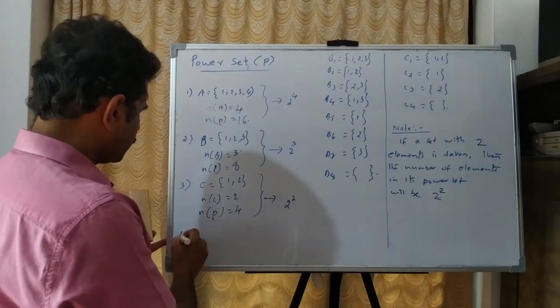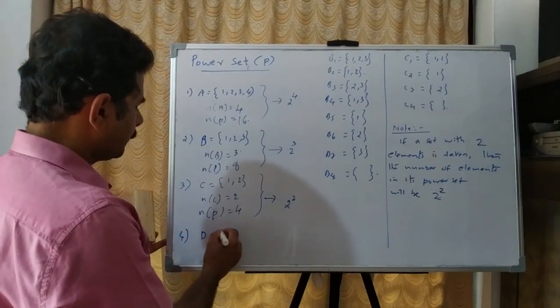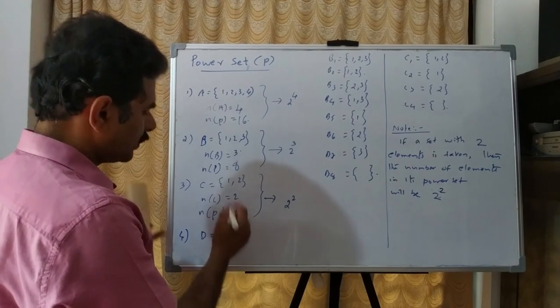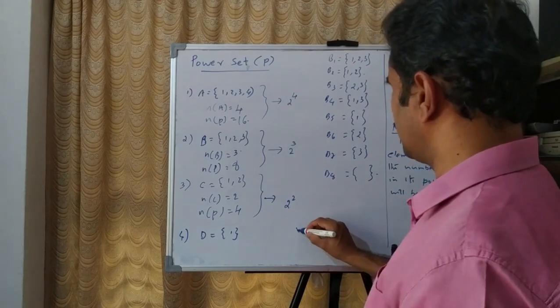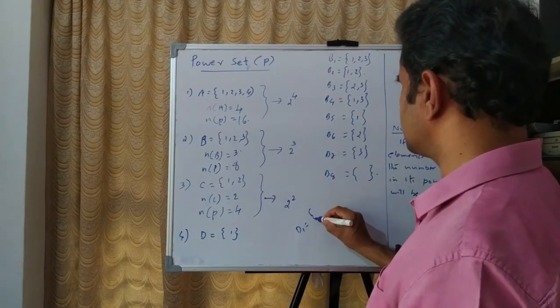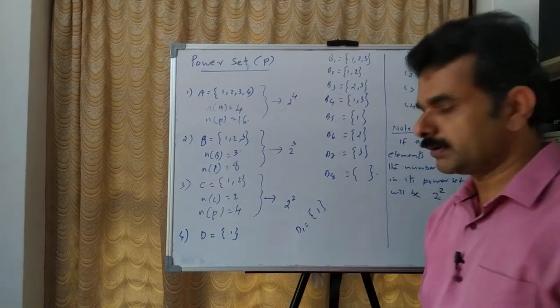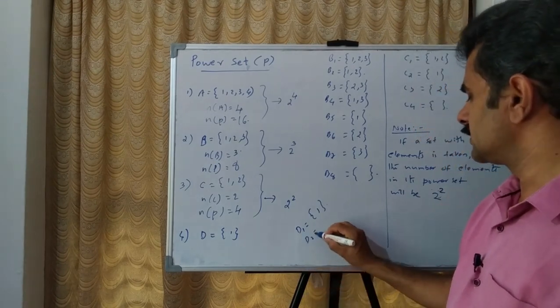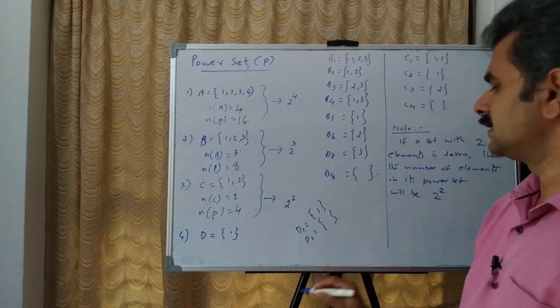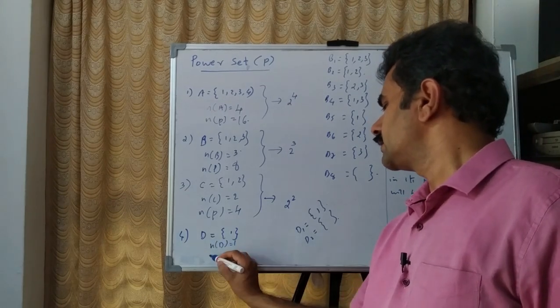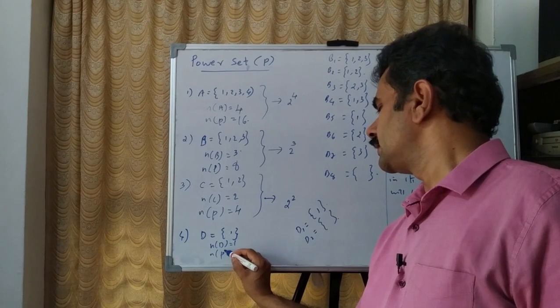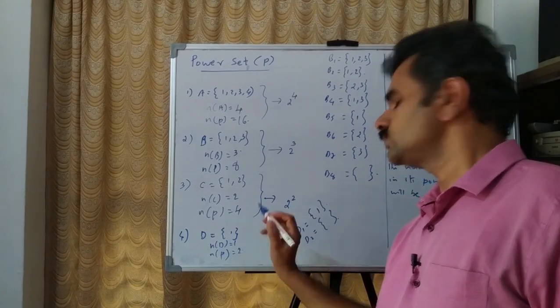And if we take a set D with only 1 element, that is a singleton set, then what will be D1? D1 is equal to the same set, the improper subset. Then D2 is equal to what? The null set. That is, n of D is equal to 1, then n of P is equal to 2.